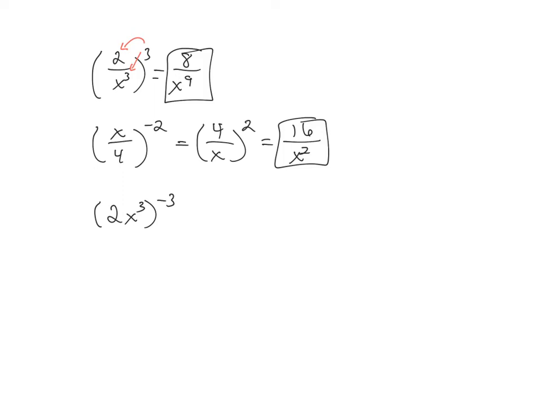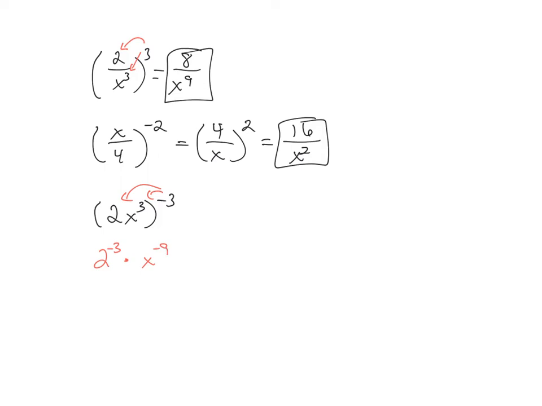So really what this is saying is 2 to the negative third power, I'm distributing, and then I'm going to have x to the third. Well, my rule says that I'm going to multiply exponents. So 3 and negative 3 is negative 9.